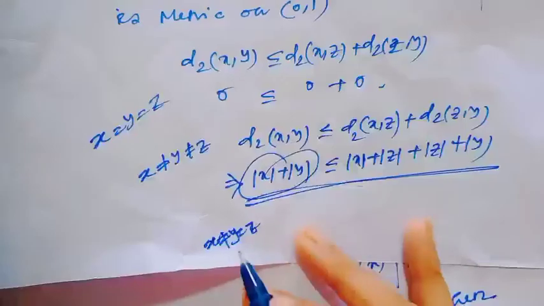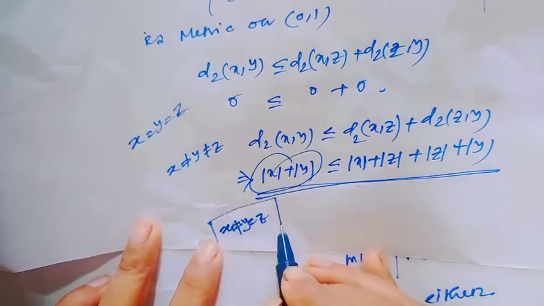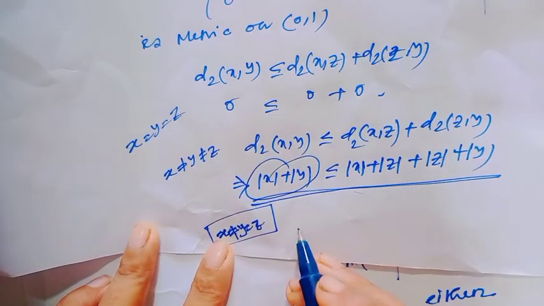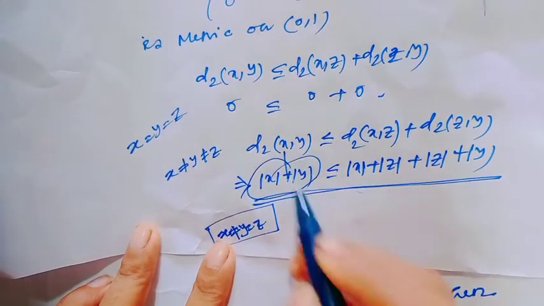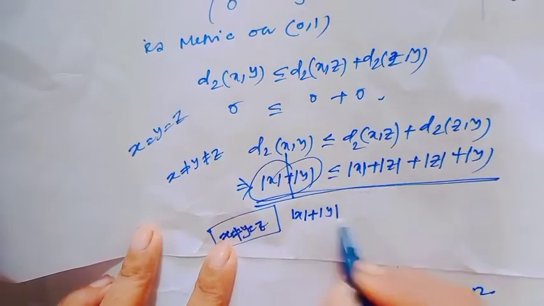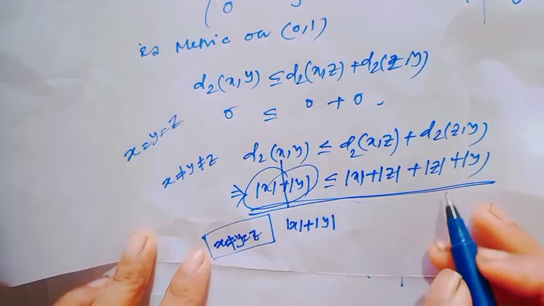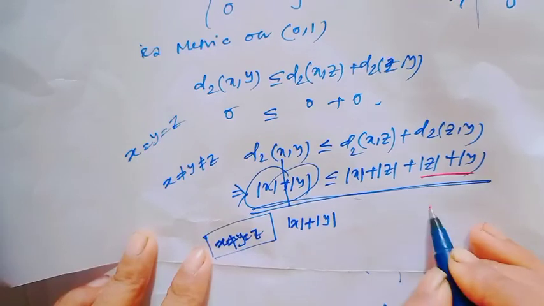Consider x not equal to y but y equal to z. Since x is not equal to y, d2(x,y) means obviously the absolute value of x plus the absolute value of y, and y equal to z means that d2(z,y) would be equal to 0.